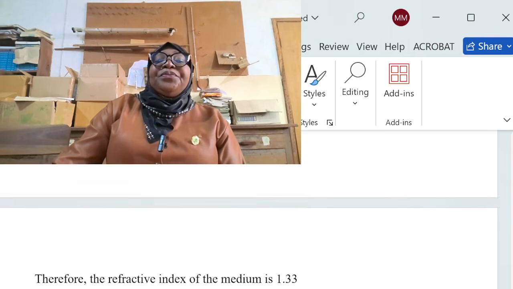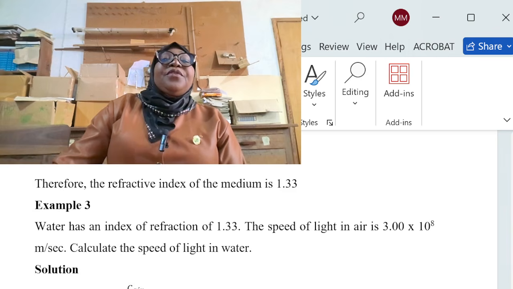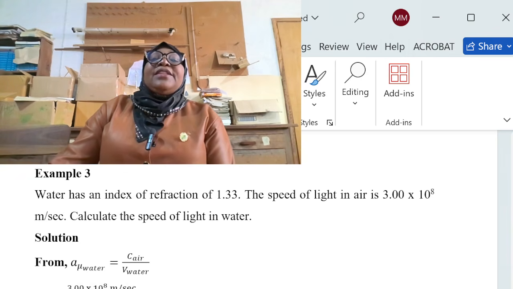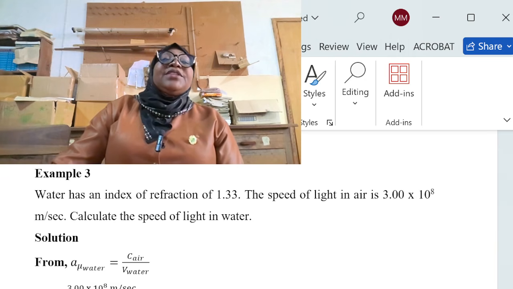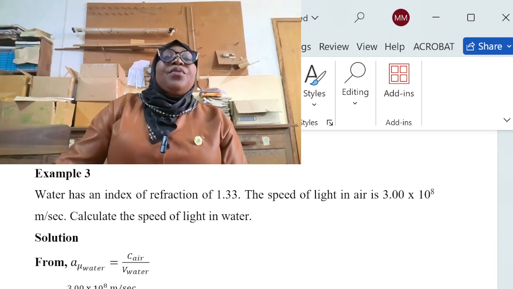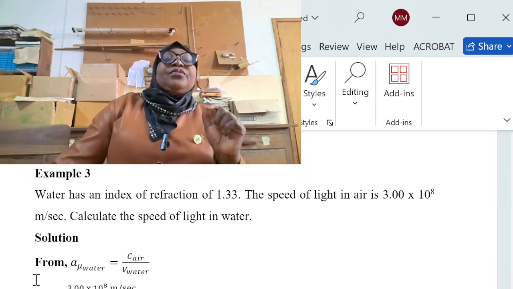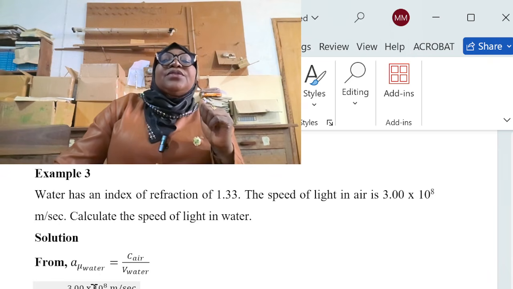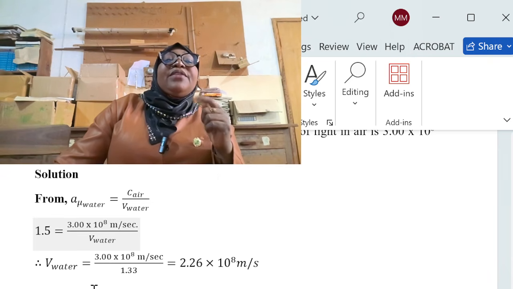Also, you can use the formula to find the refractive index or the speed by using the equation for the speeds. For example, water has an index of refraction of 1.33. The speed of light in air is 3 times 10 to the power 8 meters per second. Calculate the speed of light in water. Here you can use the ratio of the speeds, the speed of light in air to the speed of light in water, for the given refractive index.